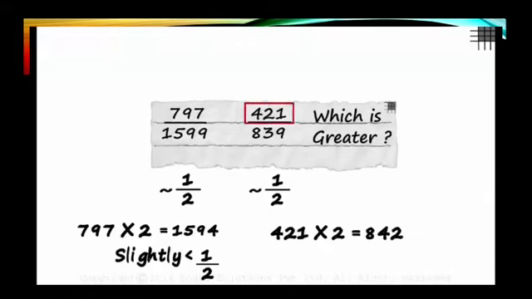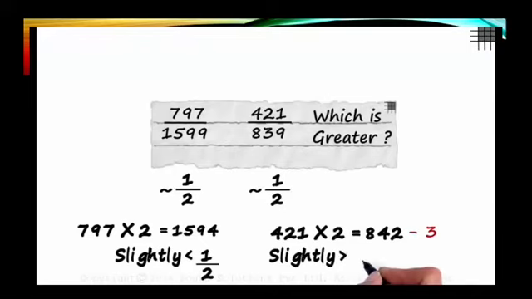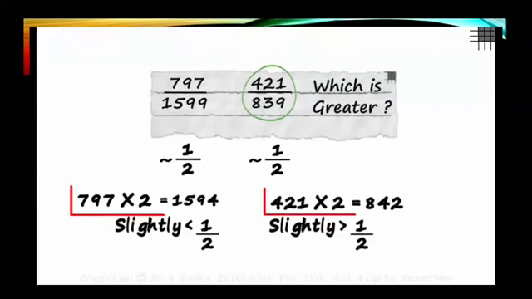So 421 by 842 is exactly half. If we decrease the denominator by 3 and keep the numerator as is, the fraction will be slightly greater than half. Clearly, the second fraction is greater. Yes, we need to calculate a bit, but this was way better.